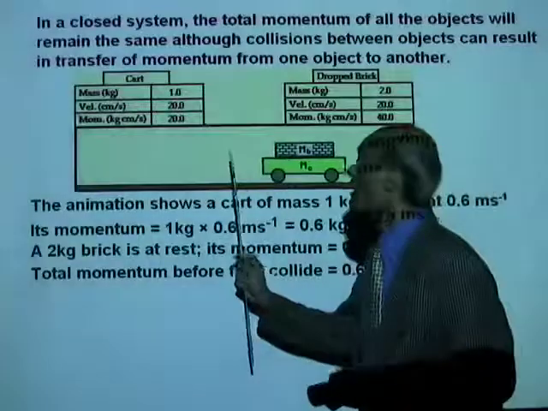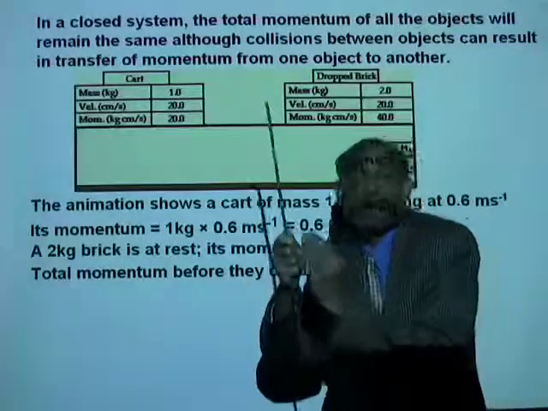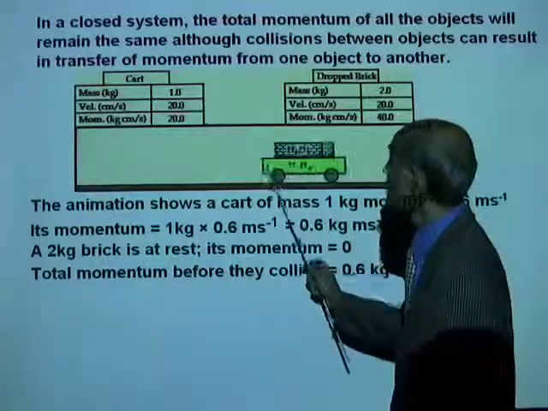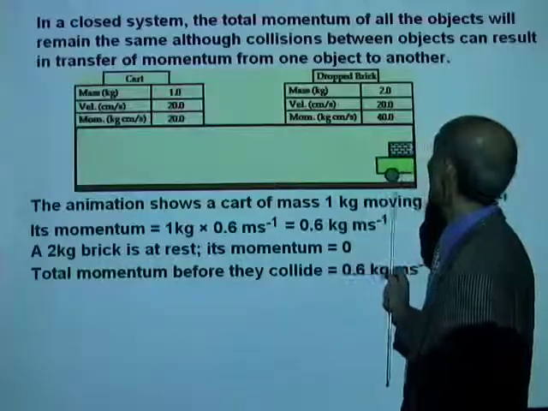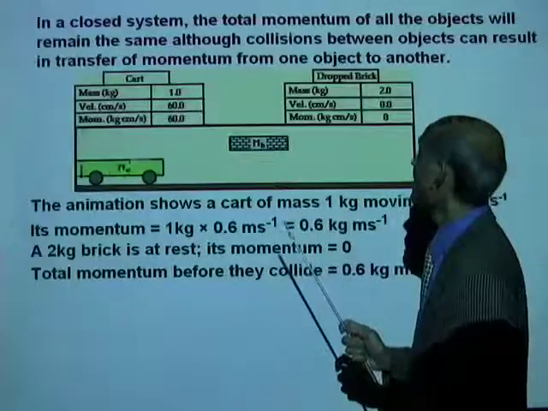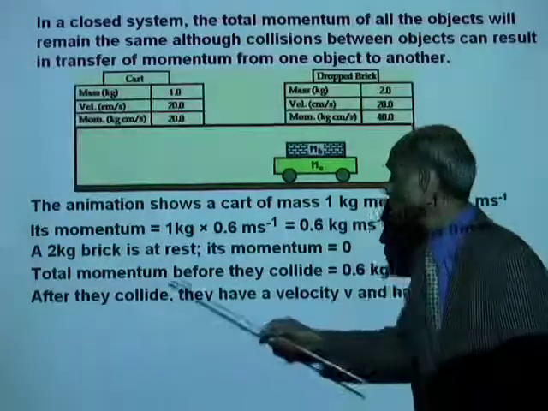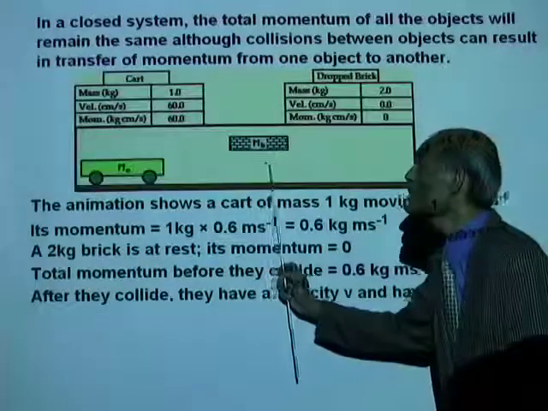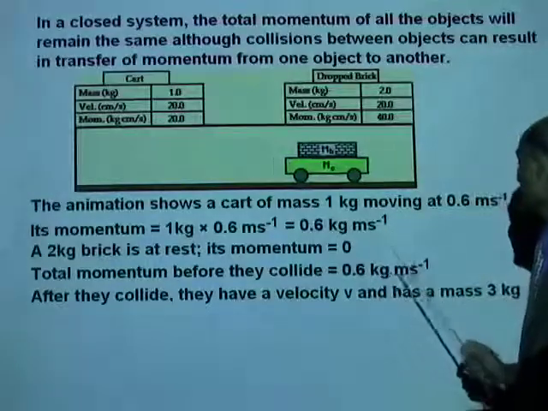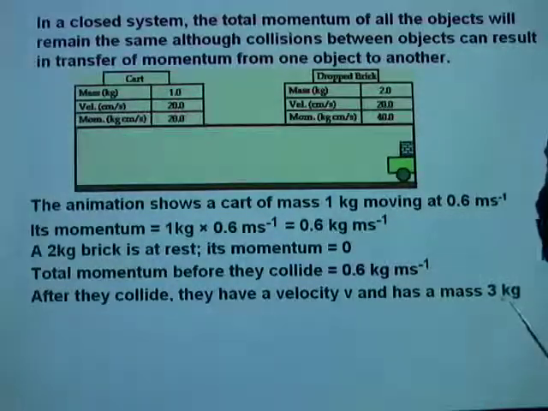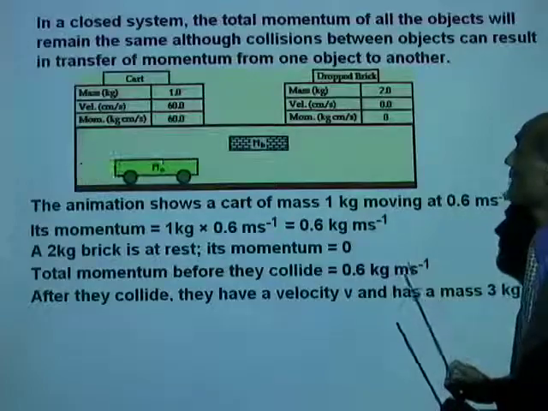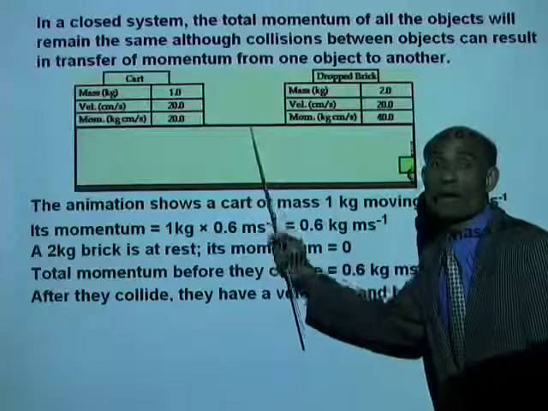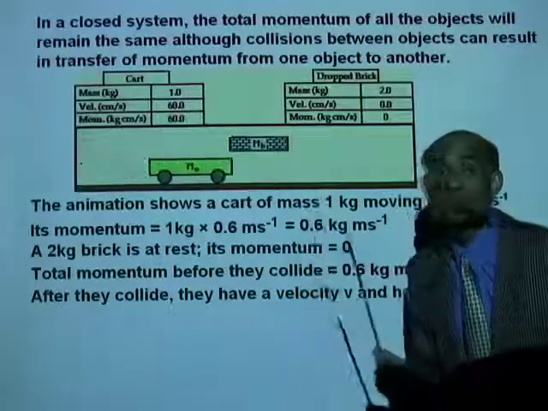And you notice that once they collide, they move together as a single object. The total mass now is mass of the car plus mass of the brick. After they collide, suppose they have a velocity v. We don't know what that velocity is. And they have a mass of 3 kilogram. That means the mass of the trolley is 1 kilogram and the mass of the brick is 2 kilogram.